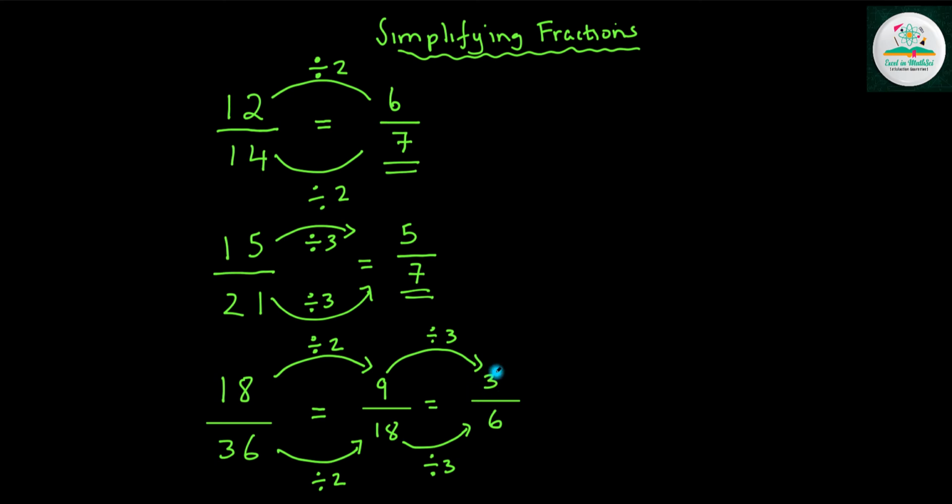But then again, I can simplify that further. So I can go ahead and divide by 3 again. Now this will give me 1 over 2. So that would be my final answer.